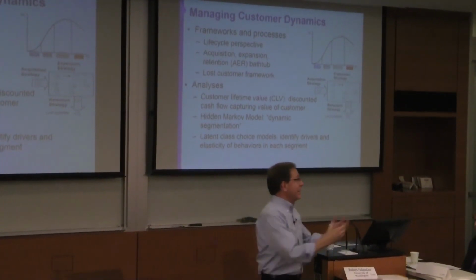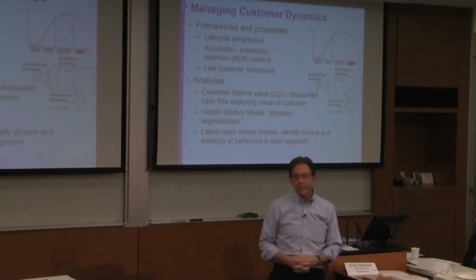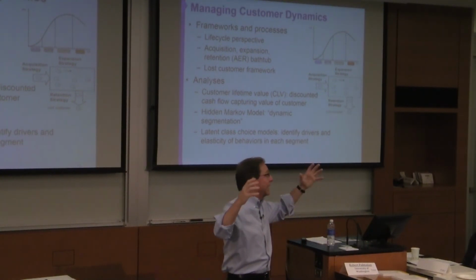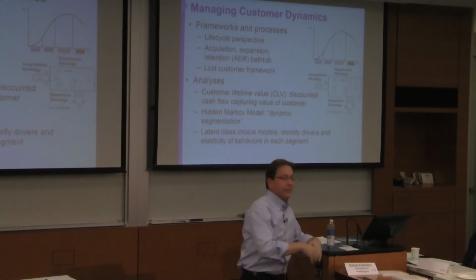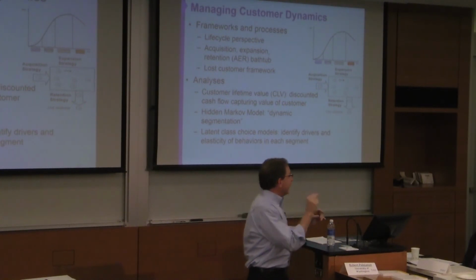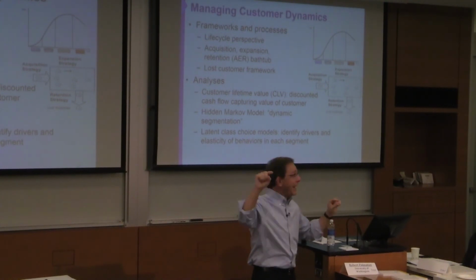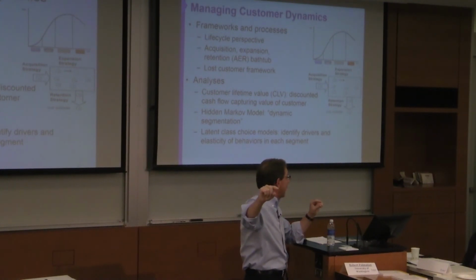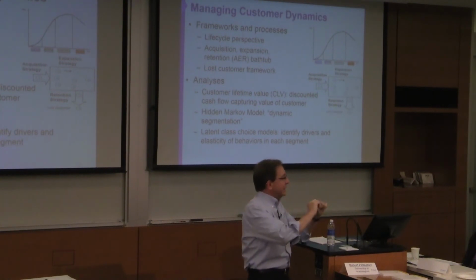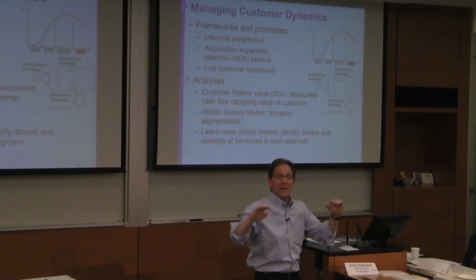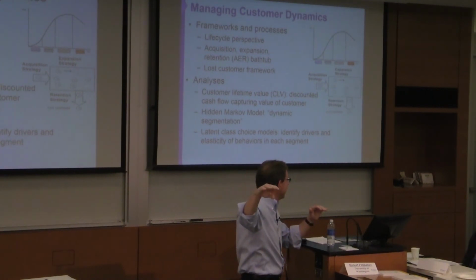Or maybe they bought my product or did not buy my product. I can feed in anything in my CRM database, anything about surveying them, visiting them, and for every variable I feed in, it'll tell me how much that variable impacts the probability of them going in or out, and the elasticity. And the elasticity is important because it gives me, for a 1% change in that variable, how much percent change it makes in the outcome.